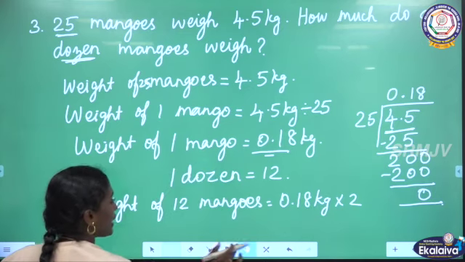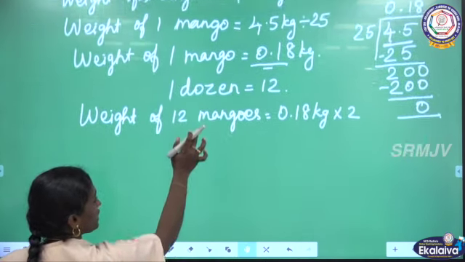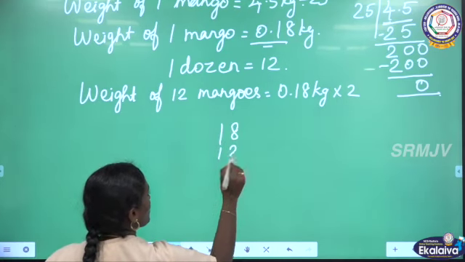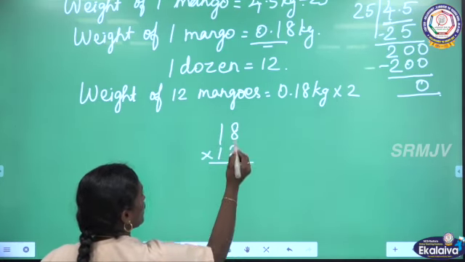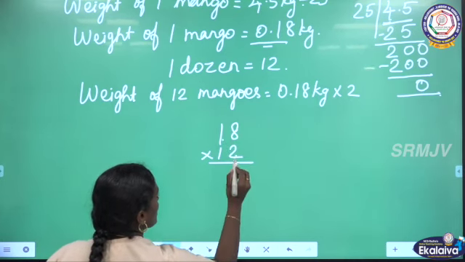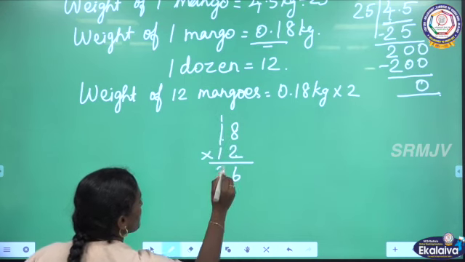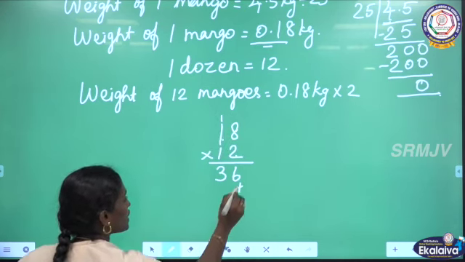Now we have to take 0.18 as a whole number, 18. 18 into 12. Here 2 8s are 16, 6 carry over 1. 1 into 2, 2, 2 plus 1, 3. Now we have to leave the ones place.